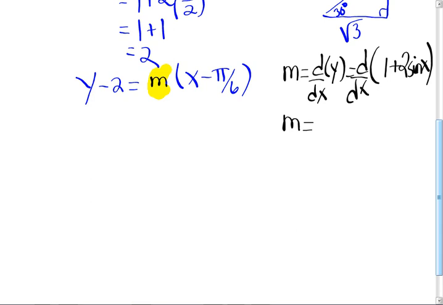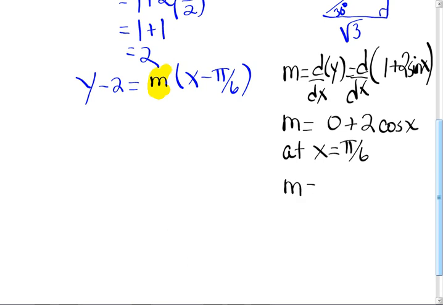You guys need to be focused in class. I know it's hard, but you need to do it. What's the derivative of 1? 0. So it's 0 plus 2 times cosine of x. And now slope is always a number. Always a number. So I'm going to evaluate this at x equals pi over 6.